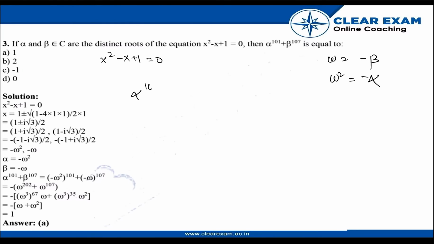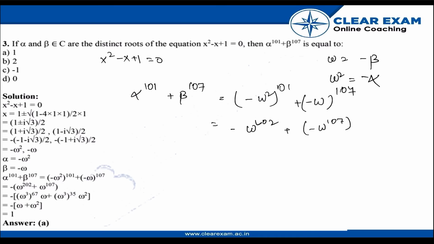So alpha to the power 101 plus beta to the power 107 can be written as minus omega square to the power 101 plus minus omega to the power 107. So we can simplify this, bringing 101 inside, we get minus 1 omega to the power 202 plus minus omega to the power 107. Taking minus common, we have minus of omega to the power 202 plus omega to the power 107.